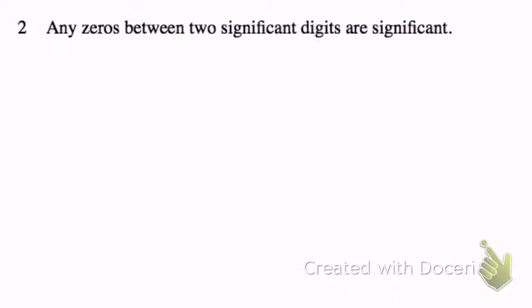The second rule that we have for determining significant figures is any zeros between two significant digits are significant. Suppose we take the number 406. From the first rule, we see that the 4 and the 6 are non-zero numbers. So therefore, we have 2 sig figs.